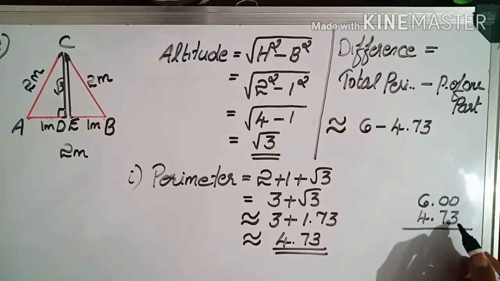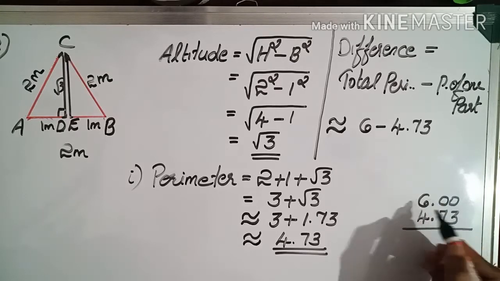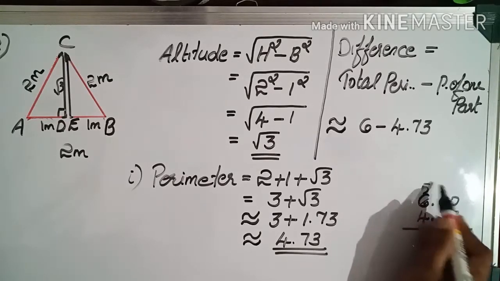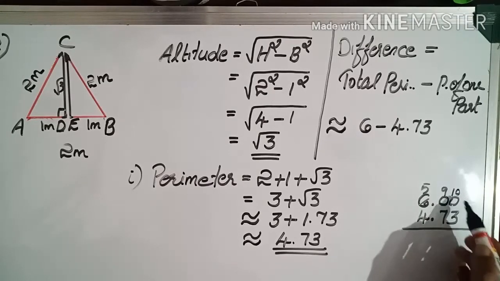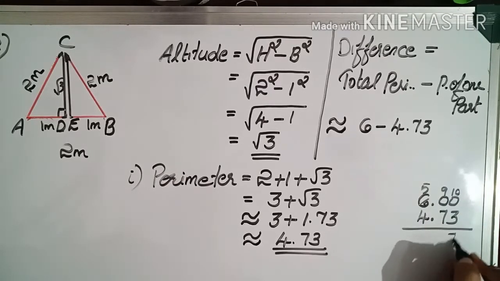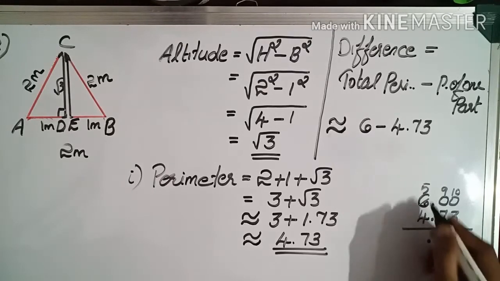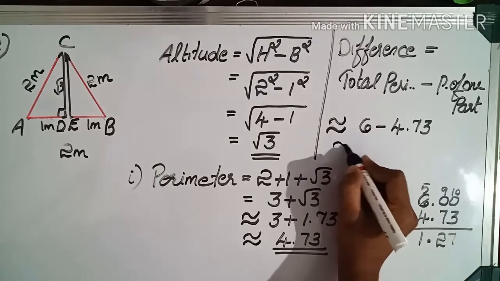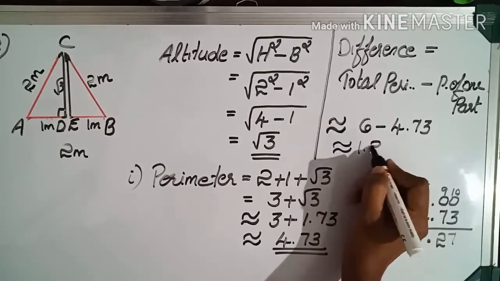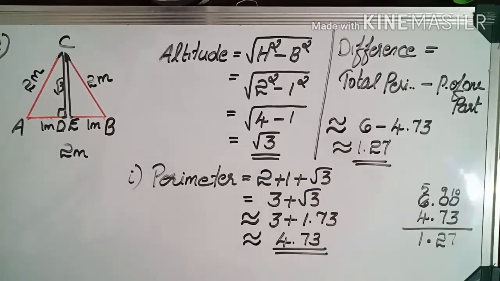Now 0 minus 3 is not possible, we have to borrow 1 from here. So here it will be 5, here will be 9, then here will be 10. So 10 minus 3 is 7, 9 minus 7 is 2, point. 5 minus 4 is 1. So 1.27. That means the difference is 1.27. This is the answer for the second sub question.